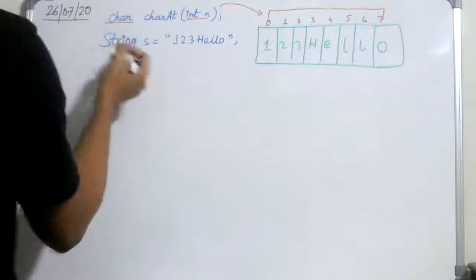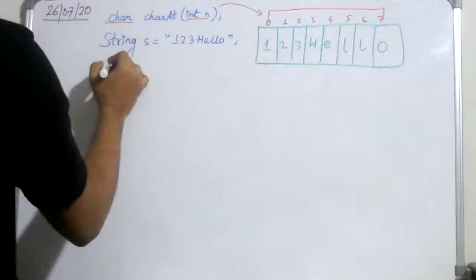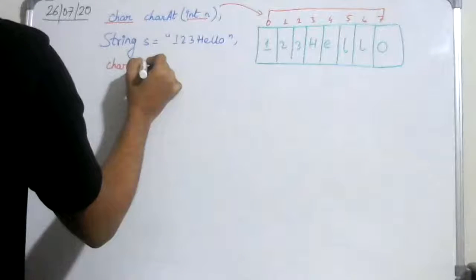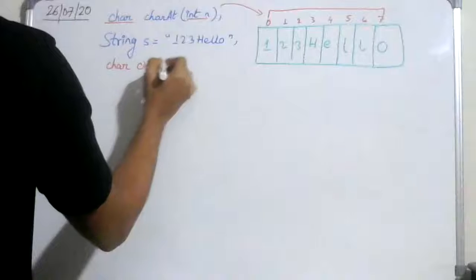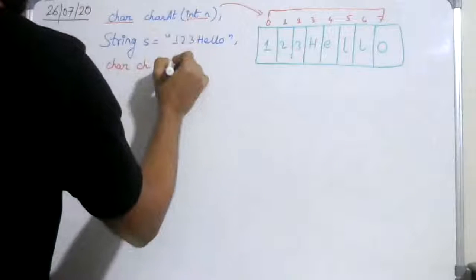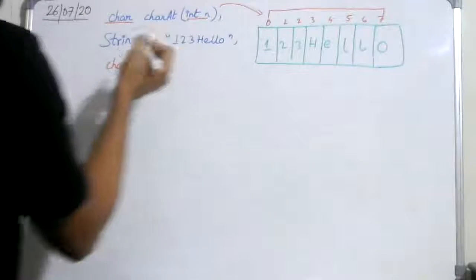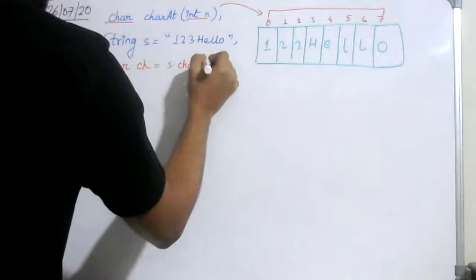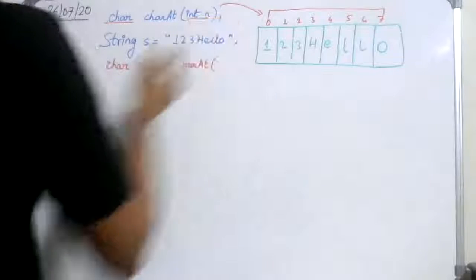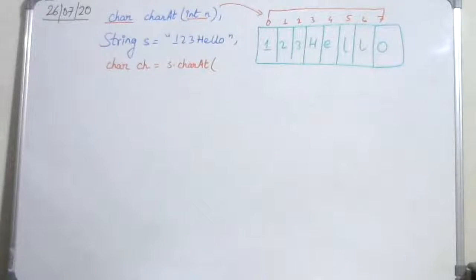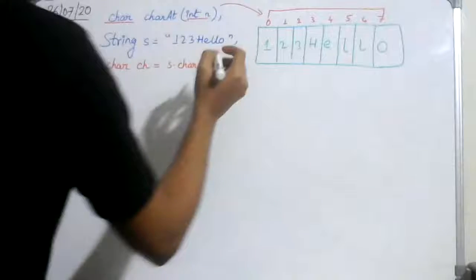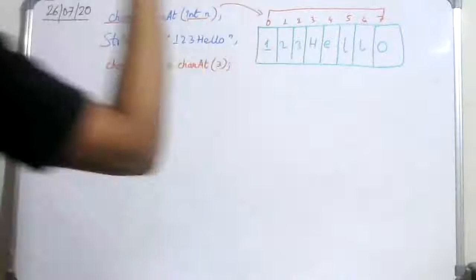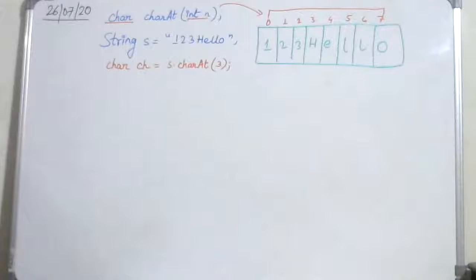Let's see the example. Let's say I have a character variable ch is equal to, I'm calling the charAt function on the string variable, so s dot charAt. Now let's say I want the character at location 3. So I'll pass 3 as an argument to the charAt function.